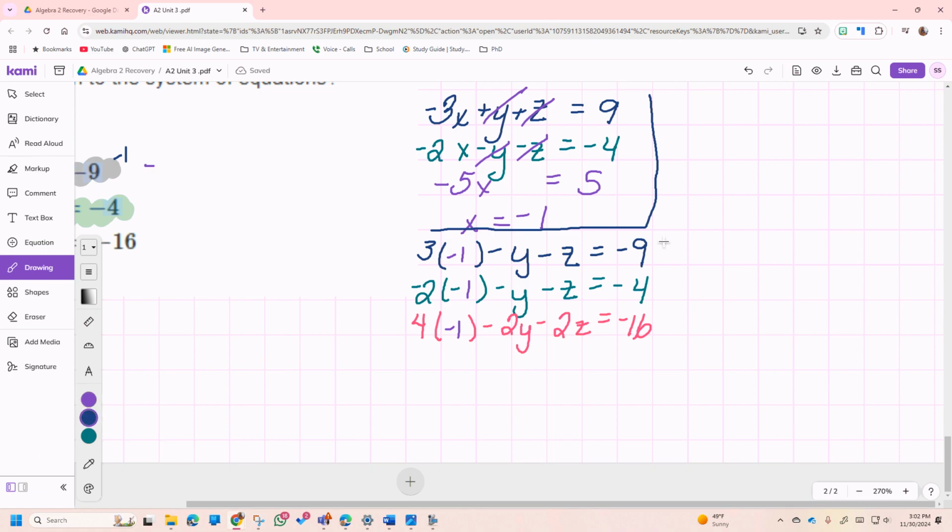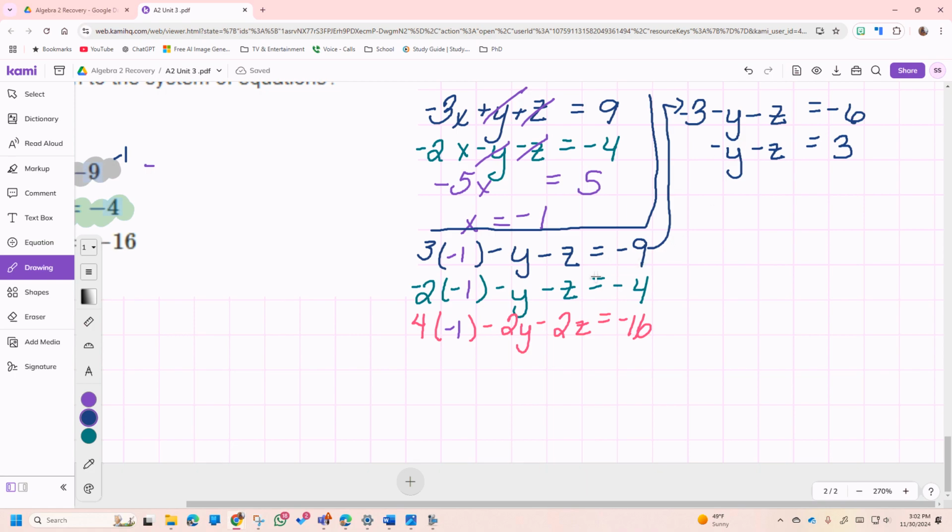For this blue one, I'll show you all my steps: 3 minus y minus z equals -6. I move this 3 over, and I get -y minus z equals... that's a -3, so that's going to be a +3. Let me check my work real quick.